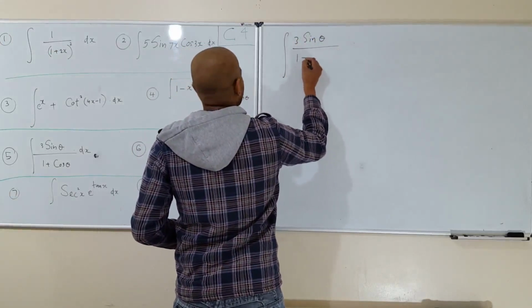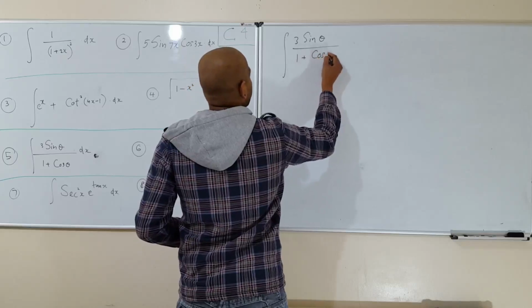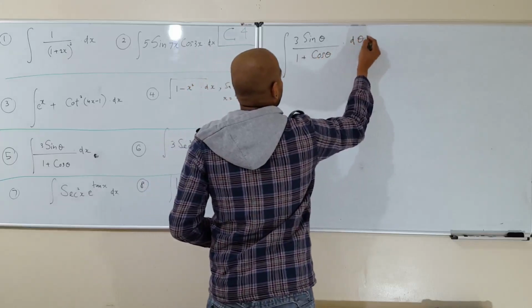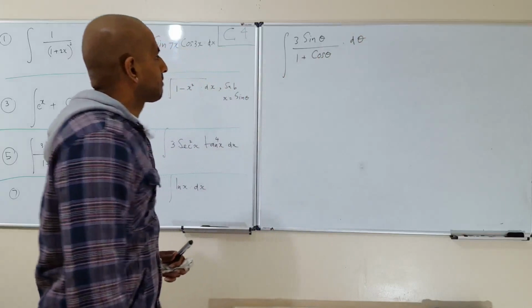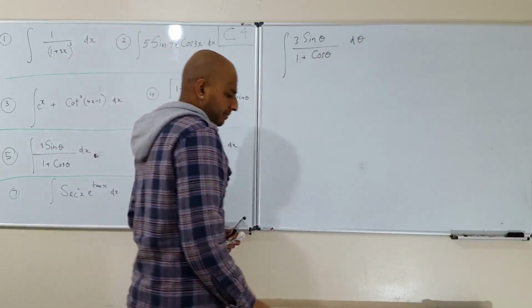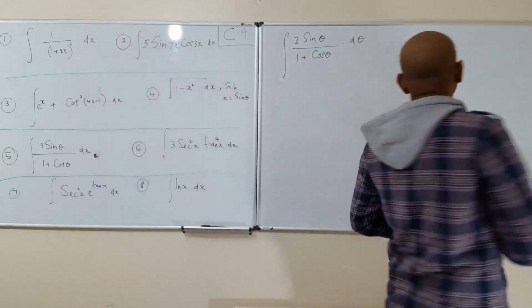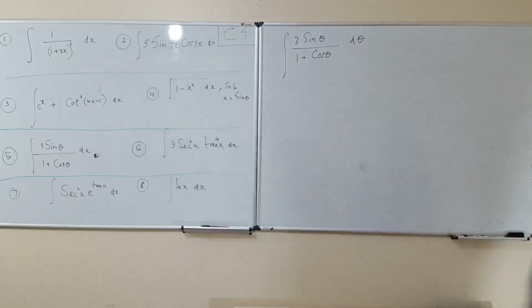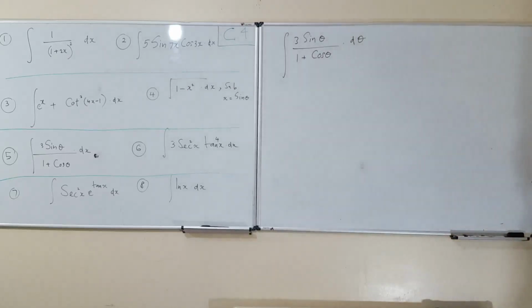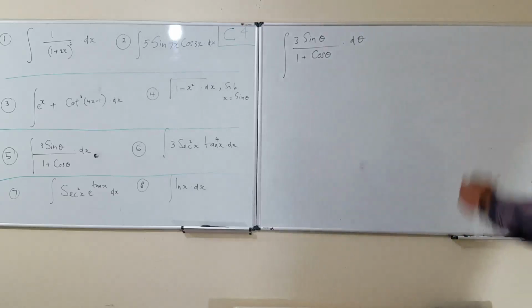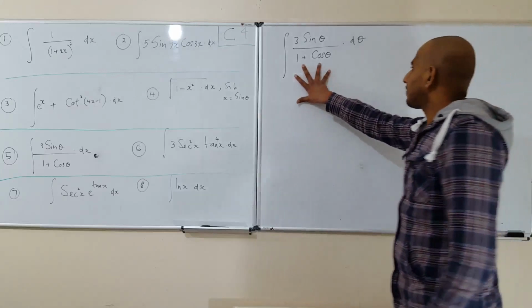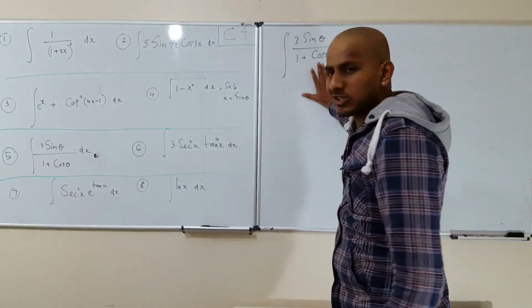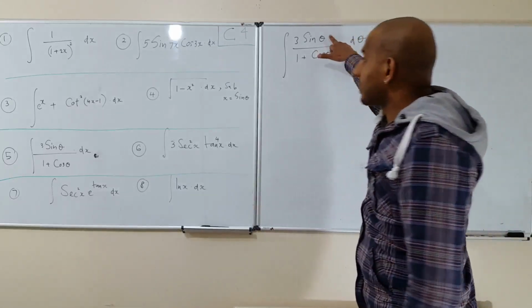divided by 1 plus cos theta, d theta. Right. What can we do for this? Now we can see the differential of 1 plus cos theta is on the top.